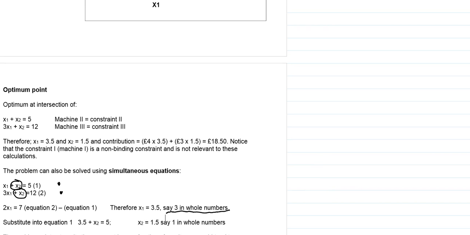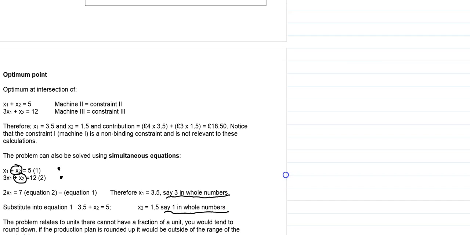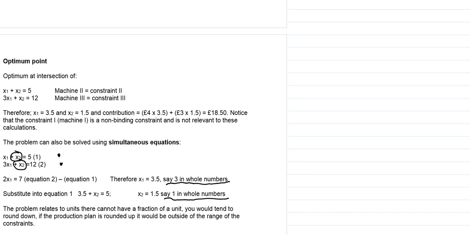So my 3.5 into equation 1, or I could put it into equation 2, it doesn't really matter. That will give me my answer of x2 equals 1.5, and we would round that down to 1 in whole numbers. So if the problem relates to units, we cannot have a fraction of the unit. So we tend to round down, because if we rounded up, it would be outside the range of our constraints.